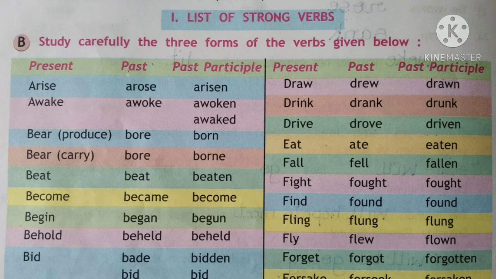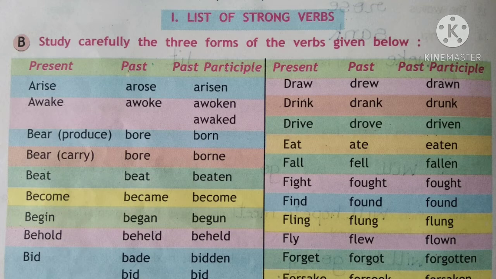So here, according to the list, we see the spellings of the present, which changes into the past by just changing one vowel, and then the past participle. If you see become, the spelling of the present is become. When you change it into the past, that O becomes A and we write became. And again in verb 3, it becomes become again.